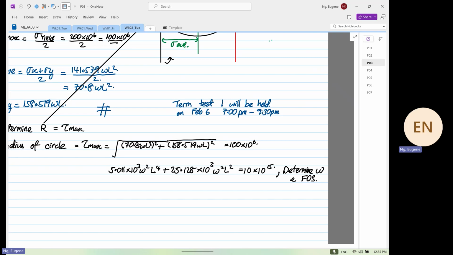So I will expect you all to do this in the term test and our final exam. What you're going to do is assume that L is equal to 2 meters. When I say assume, it means it is up to you.